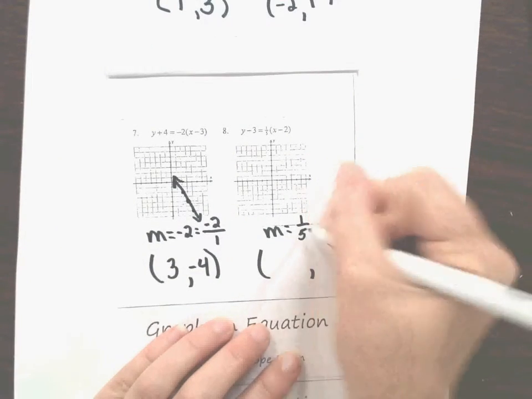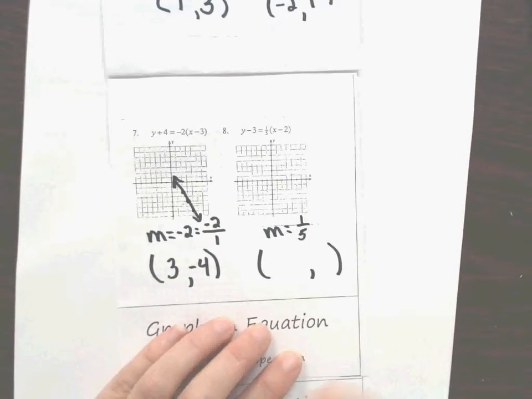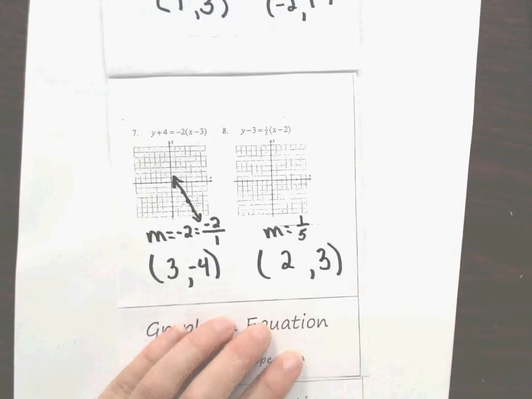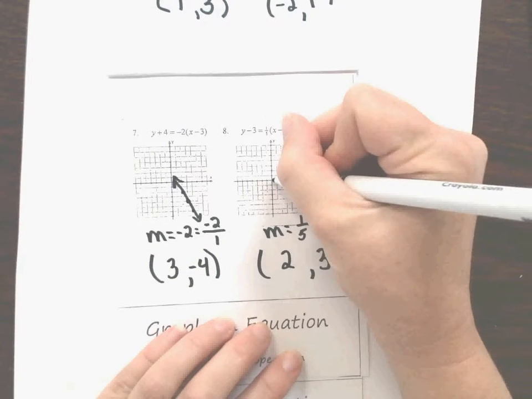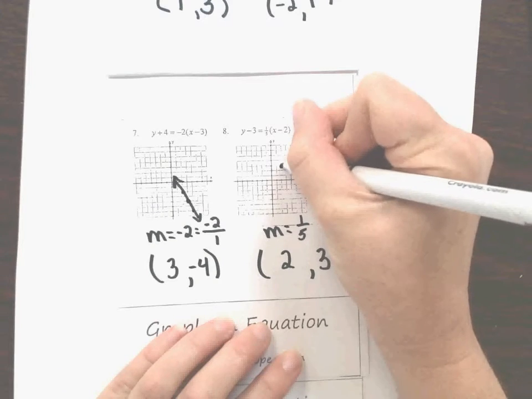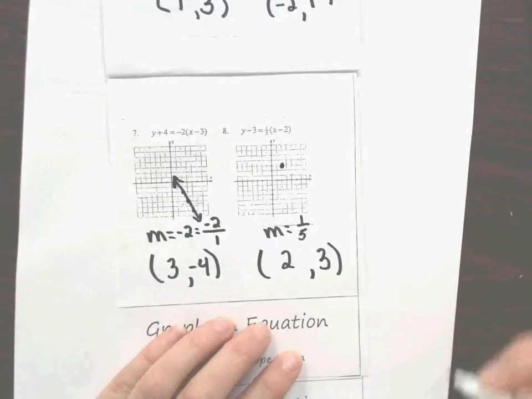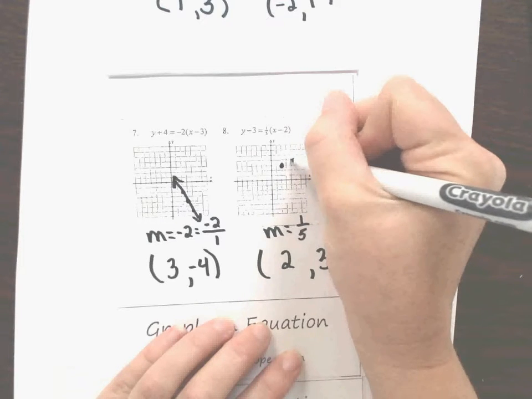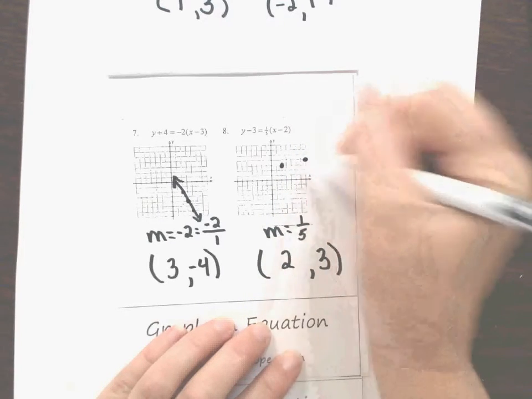Okay, so number 8 has a slope of 1/5 and has a point of positive 2, positive 3. So if I graph this, I'm going to go right 2 and up 3. And then your slope is up 1 and right 5.